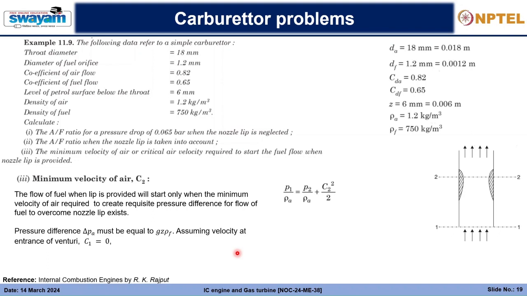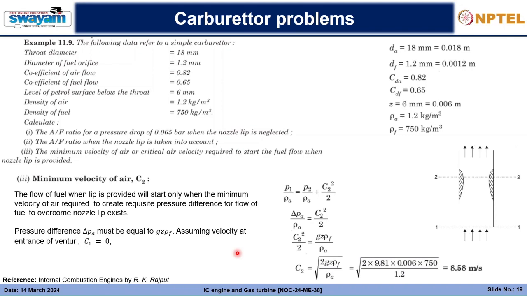That is the limiting condition, and we assume the velocity at the entrance of the venturi, C1, to be 0, and accordingly we use Bernoulli's theorem in sections 1 and 2. Then delta P_A divided by rho_A equals C2 squared by 2. Eventually, solving for C2, we get 8.58 meter per second. So that is the minimum velocity of air or critical air velocity required to start the fuel flow when the nozzle lip is provided.